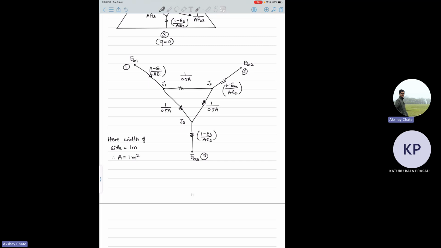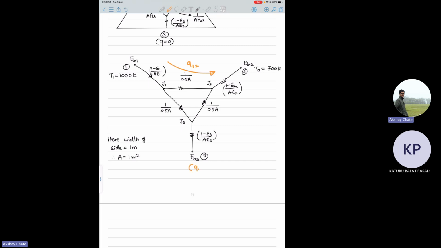Anyway, before going there, let's say T1 is 1000 Kelvin, right? T2 is given as 700 Kelvin. So basically, the heat transfer will be in this direction, because T1 is higher and T2 is lower. This will be the direction of your Q1 to 2.